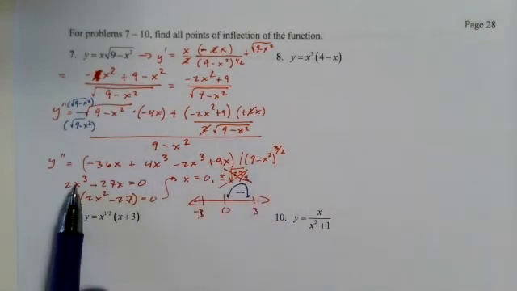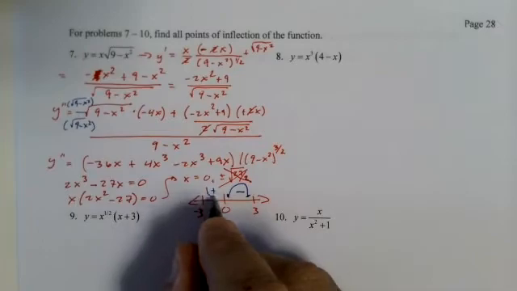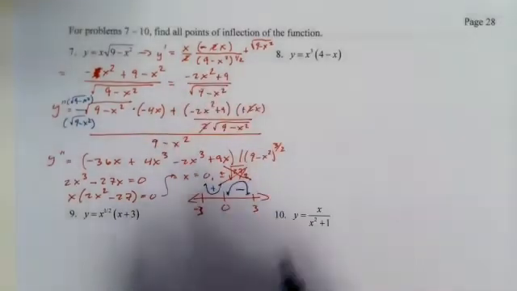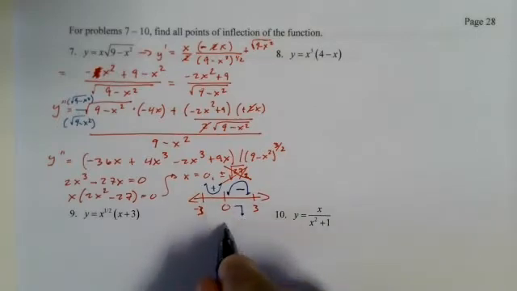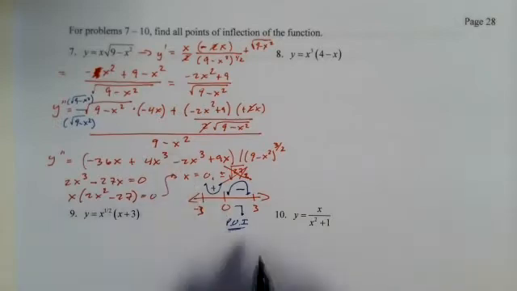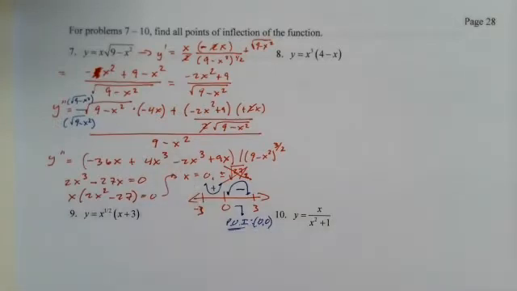When I put negative 1 here, I get negative 2 plus 27. So we have to write it somewhere. POI. By the way, it's 0 comma 0. You plug in 0 here.